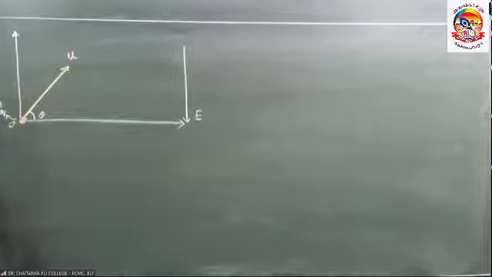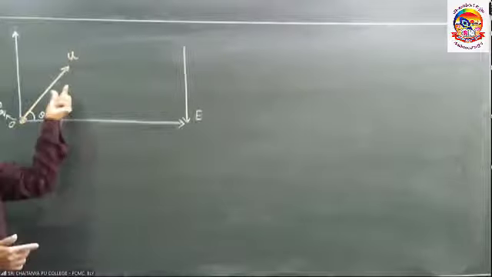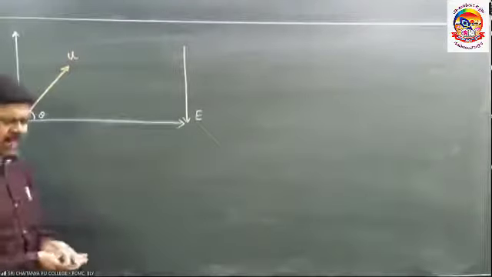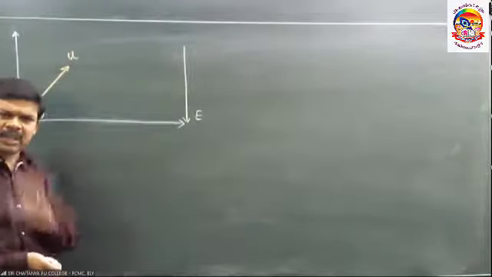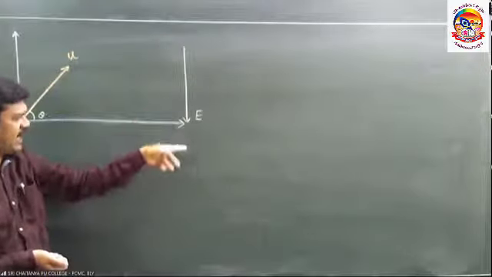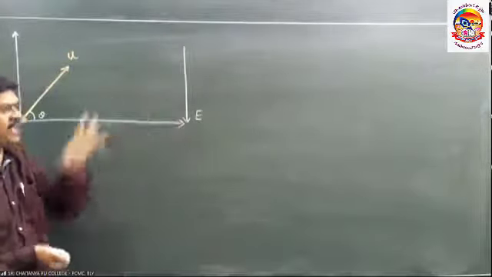Simply, if you observe this, this is an oblique projectile. Previously, we discussed horizontal projectile. Now this is an oblique projectile, right? Whenever you are solving these problems, remember one thing. There we consider gravitational acceleration and gravitational field acting in this direction.